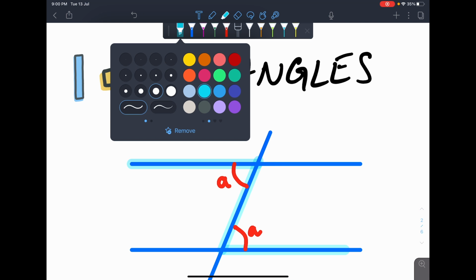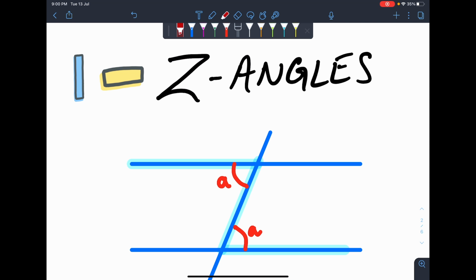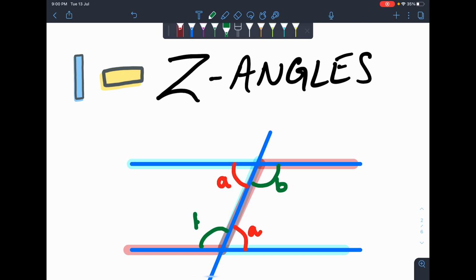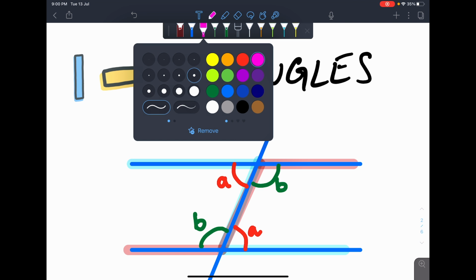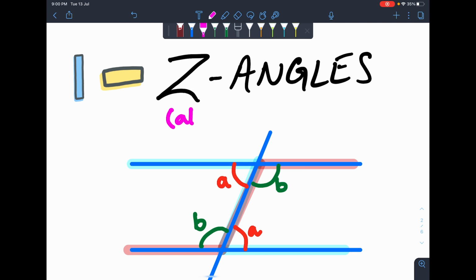Similarly, a reverse Z is also possible in this diagram. If you try to make a Z from the other side, bring it down and go to the other side, now we can see there is another angle B which can also be made equal to this one. These are called Z angles and their official name is alternate angles. So when we refer to them, these are alternate angles.